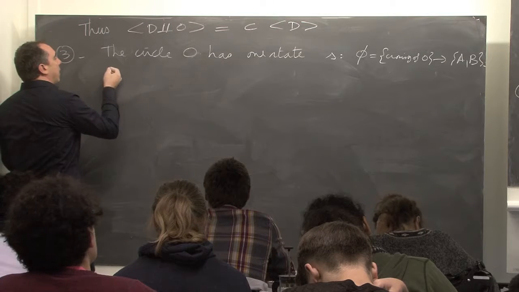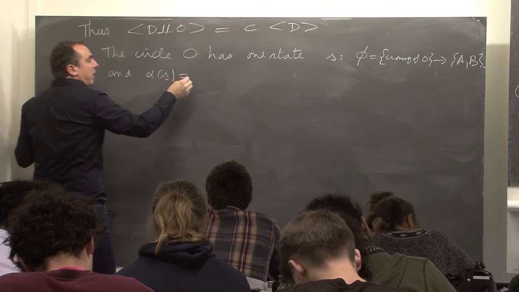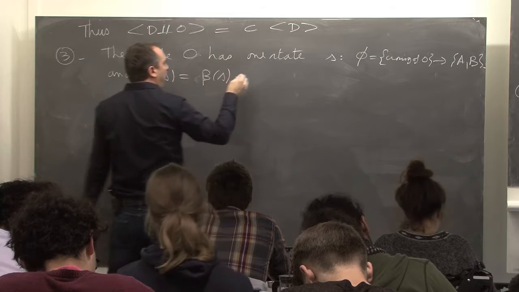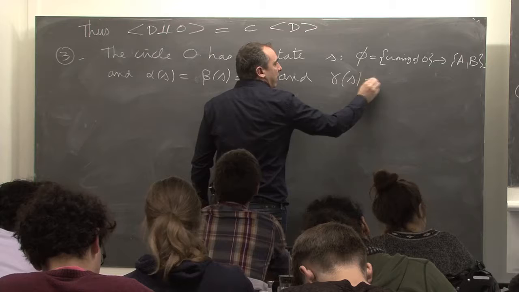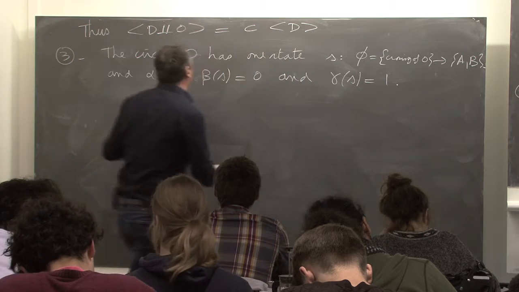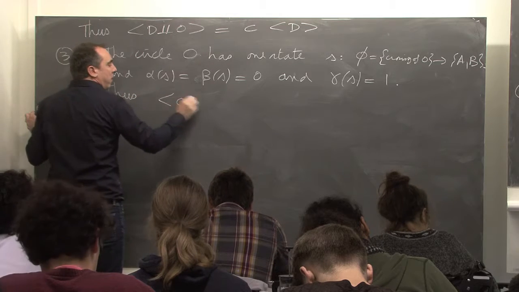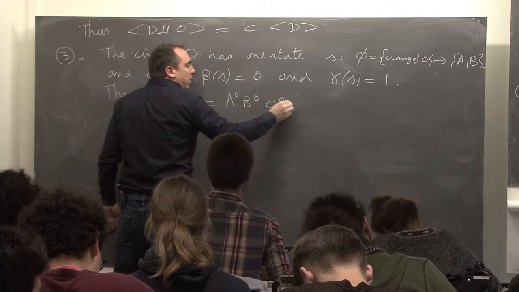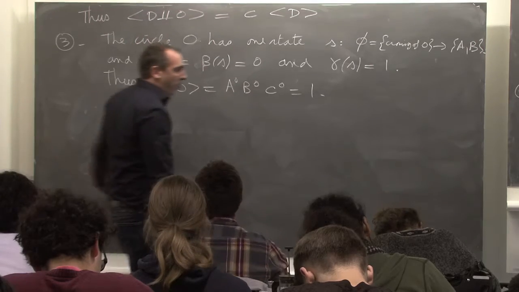And for this state, of course, there is no crossing in state A or B, and the number of circles is 1. Consequently, what you obtain for the circle is A^0 B^0 C^0, which is 1.